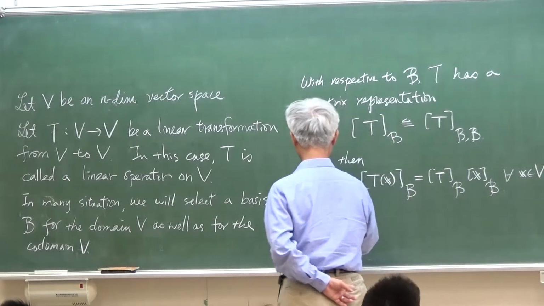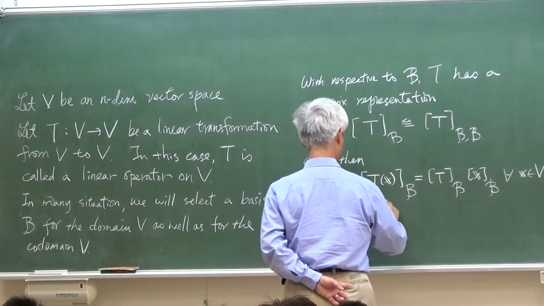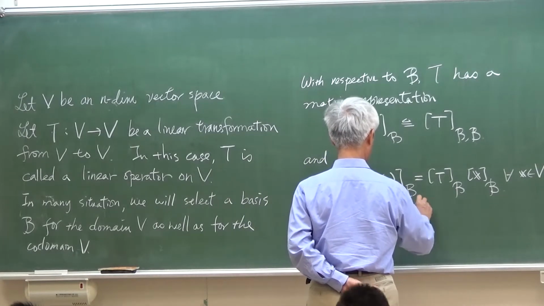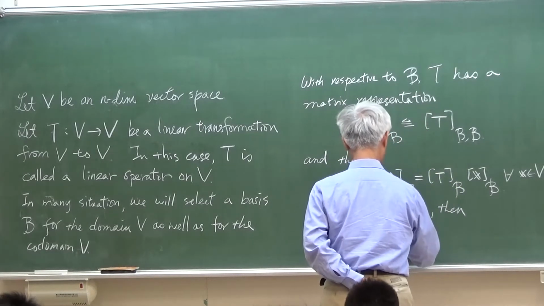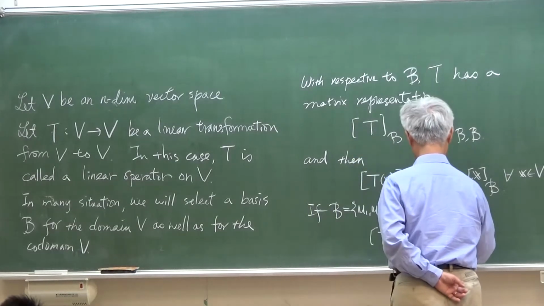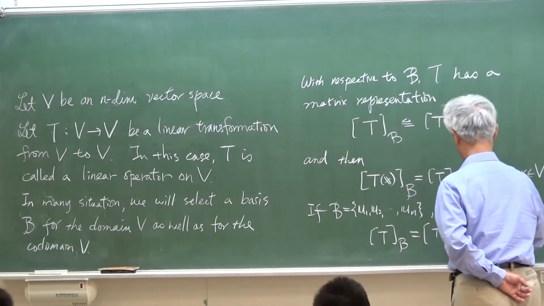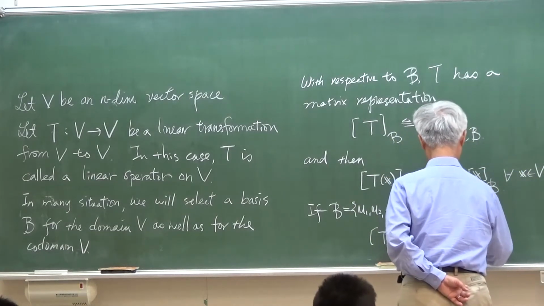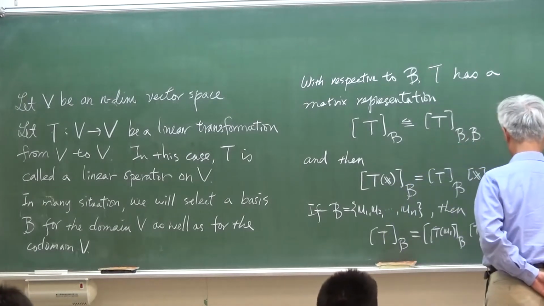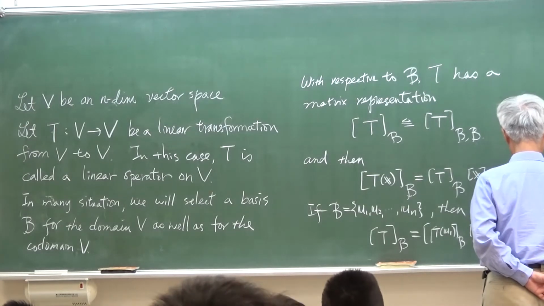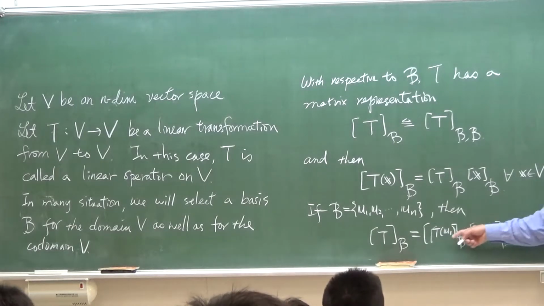Now we know that if the basis B is {u1, u2, ..., un}, then this matrix representation consists of columns.